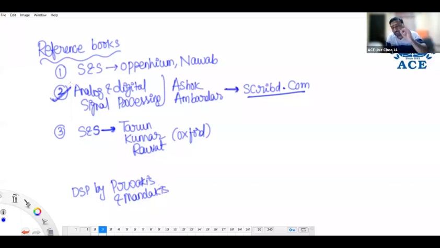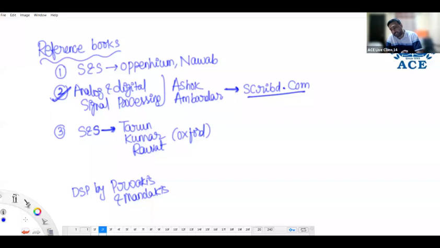Ashok Ambardar is one of the excellent books we have. Conceptual. So many practical examples are also given there. Okay, that is about the reference books. Moving to the next slide.